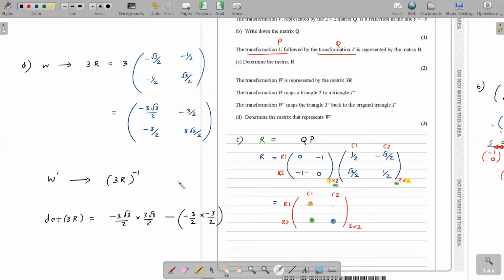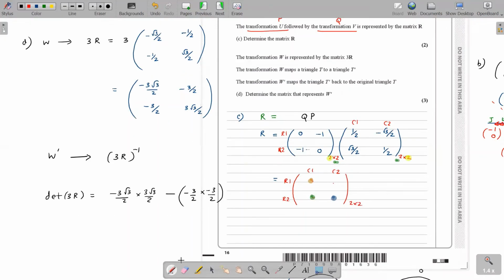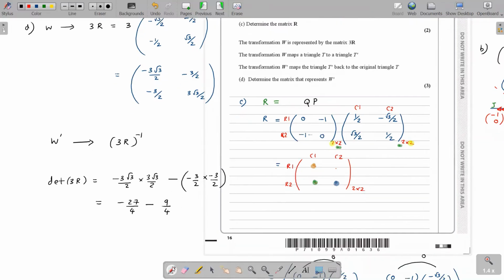In the middle there's a minus, and I multiply the other two. How much is minus 3 root 3 over 2 into 3 root 3 over 2? Minus 27 over 4. How much is minus 3 over 2 into minus 3 over 2? Plus 9 over 4. So this is going to be a minus sign outside anyway, right? Minus 27 over 4 minus 9 over 4 is minus 9. So the determinant of 3R is minus 9.